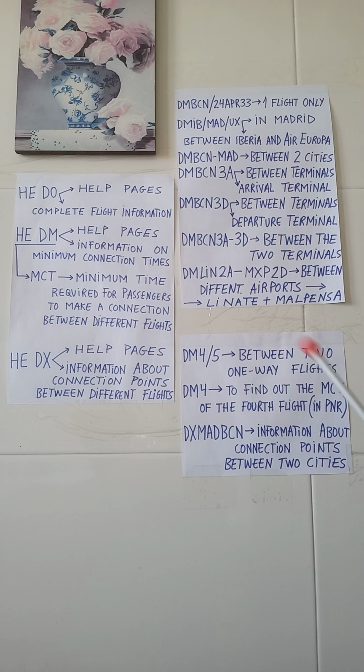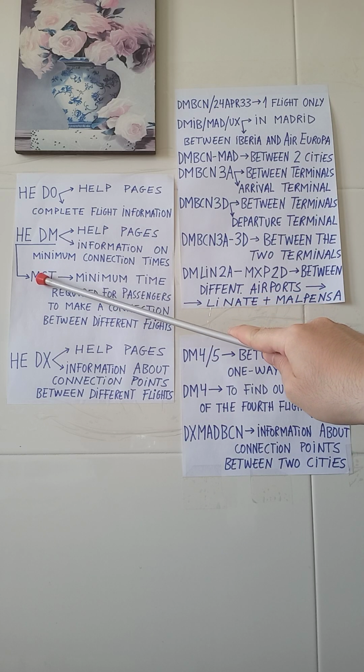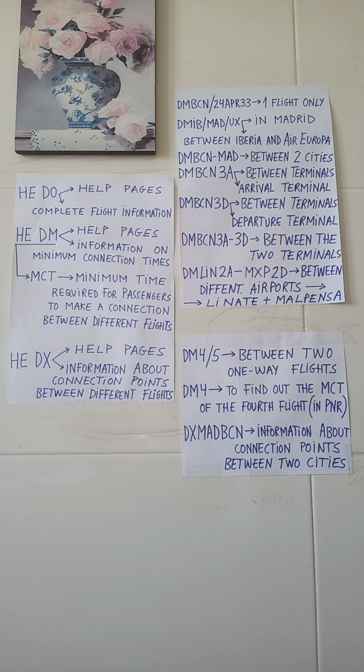That word is MCT. MCT is the abbreviation for the three English words minimum connection time. MCT refers to the minimum time required for passengers to make the connection between different flights.